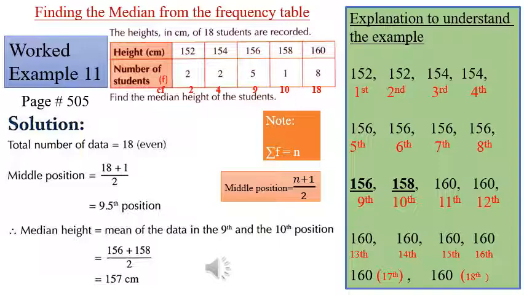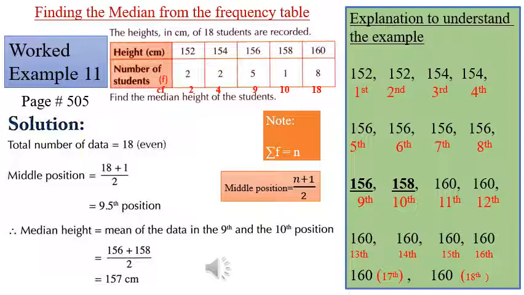The first cumulative frequency 2 shows that at the first two positions there is 152, and the second cumulative frequency 4 shows that up to the fourth position there is 154. On the first two positions there is 152, and third and fourth positions 154, and position 5 to position 9 there is 156. So at the 9th position the value is 156.